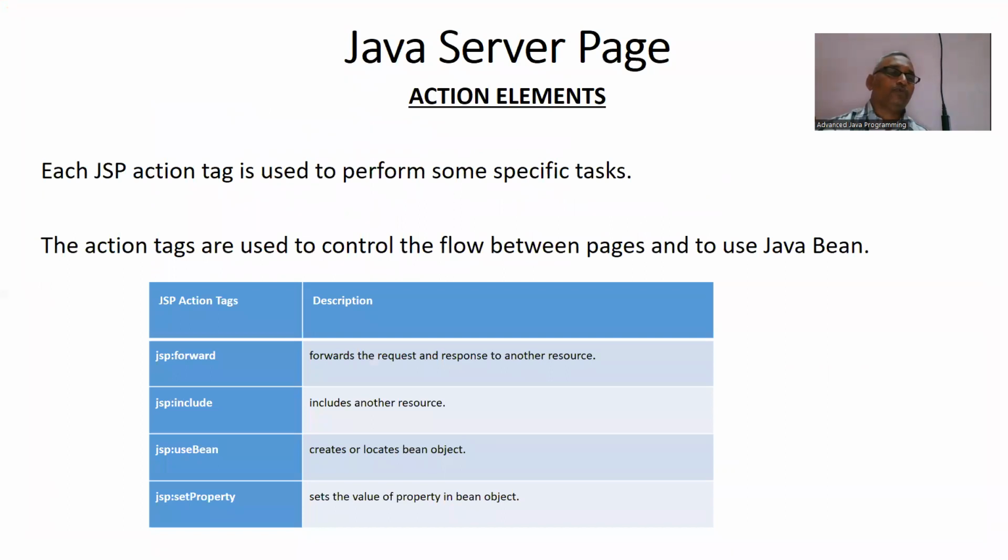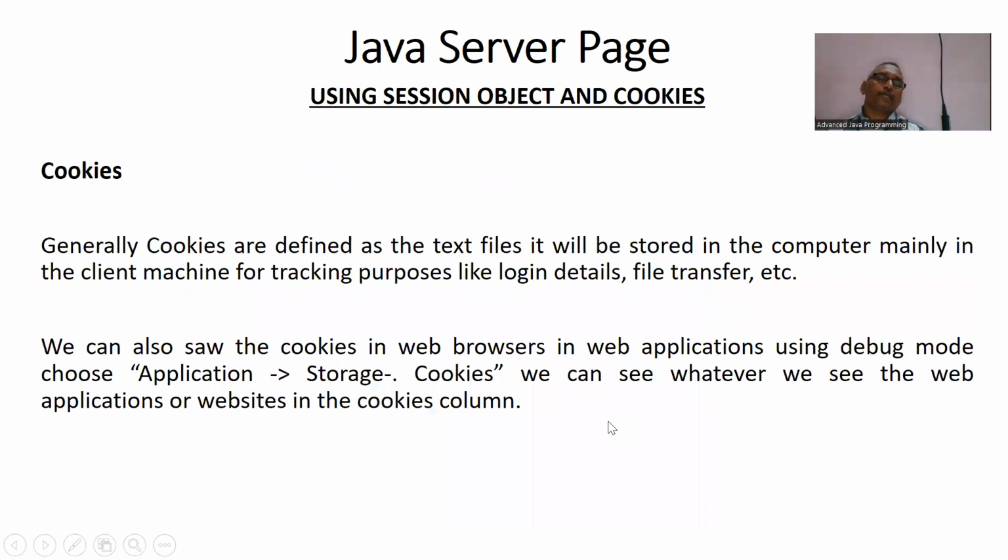So next we'll move to using session object and cookies. Cookies are generally defined as text files. They are stored in the computer, mainly on the client machines, for tracking purposes like login details, file transfer, and so on.